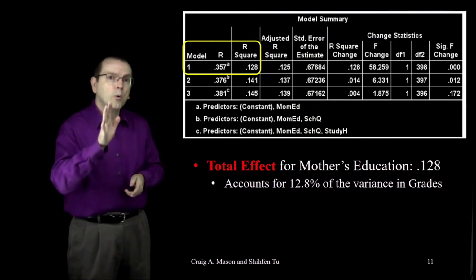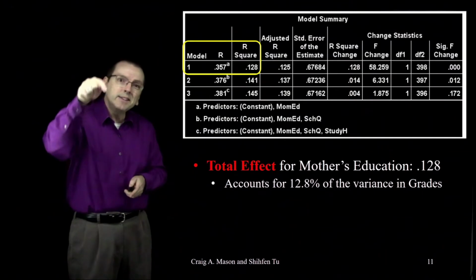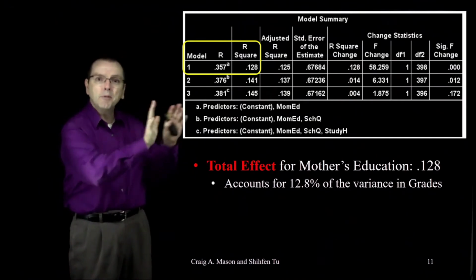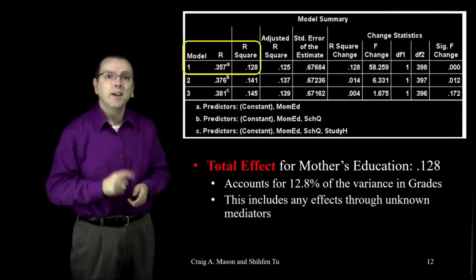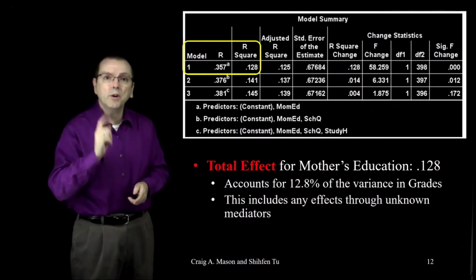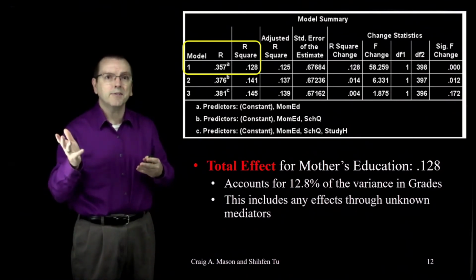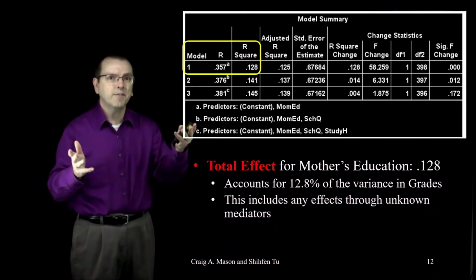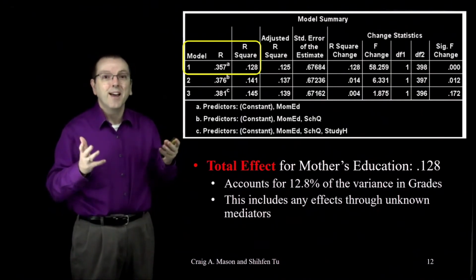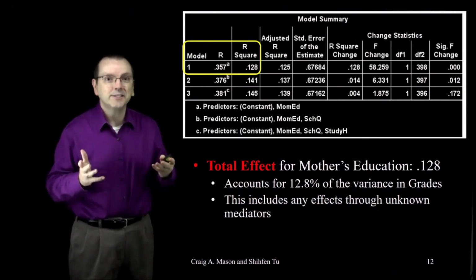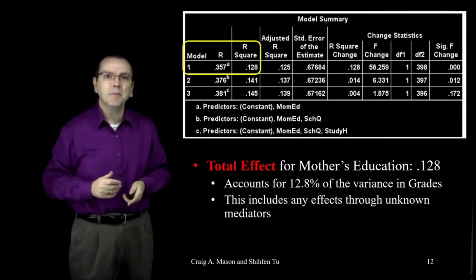Remember, the total effect of a variable is the effect it has at the point it's entered into the model before other variables have been added after it. And remember, the total effect is the sum of a variable's direct effect and any indirect effects it has through other variables. Now, of course, there are no indirect effects yet because there's no other variables in the model, right?